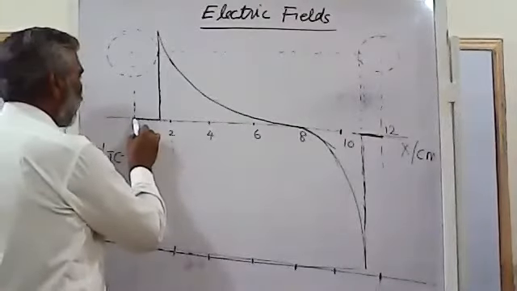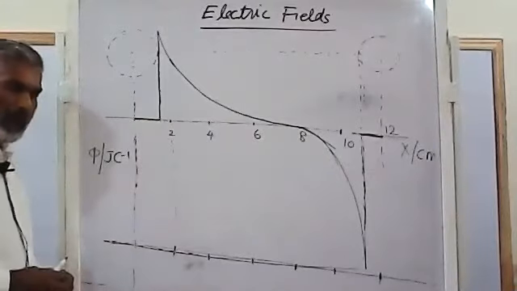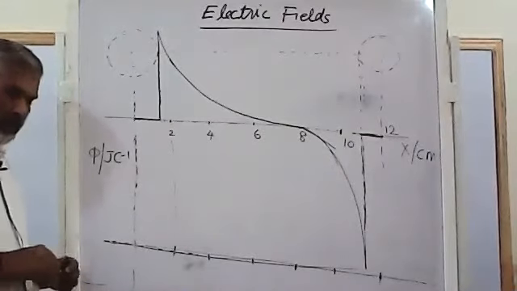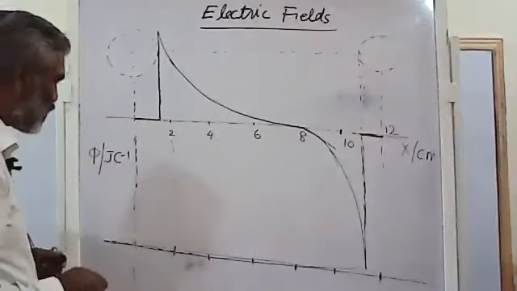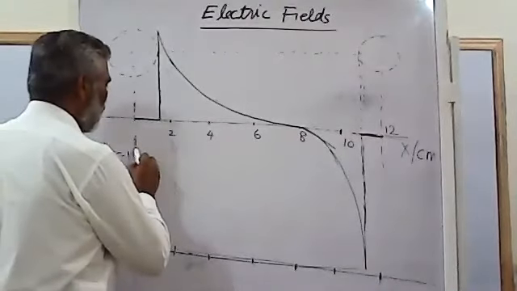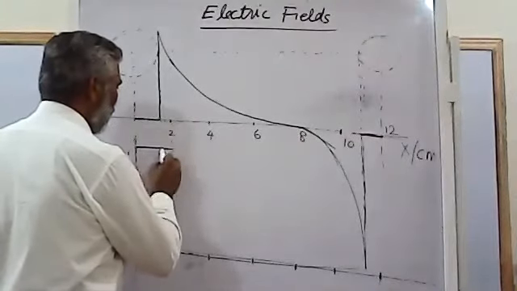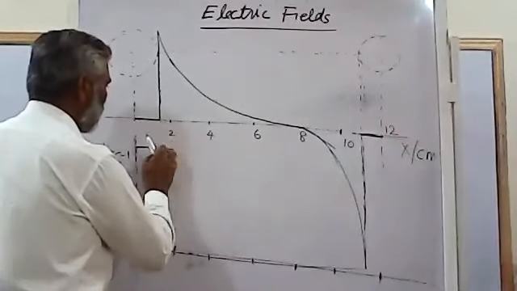If electric field is 0 inside the sphere, that means rate of change of potential is 0. So rate of change of potential is only 0 if potential is constant. So it must be a value, sorry, it should be up to this.